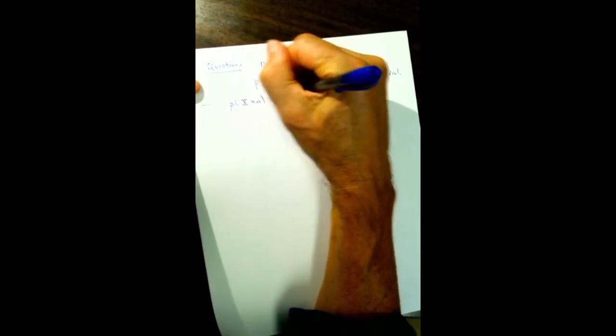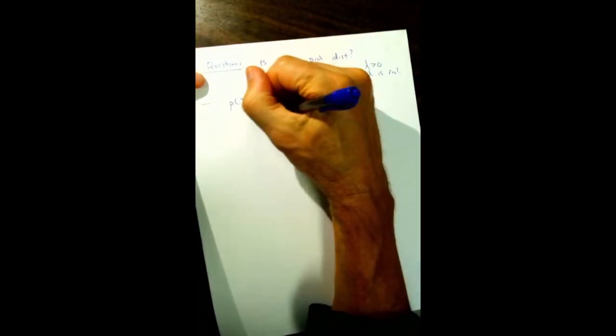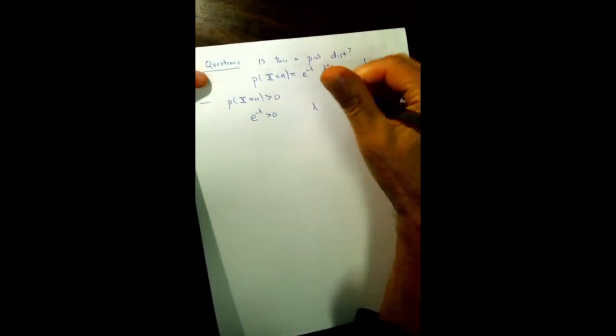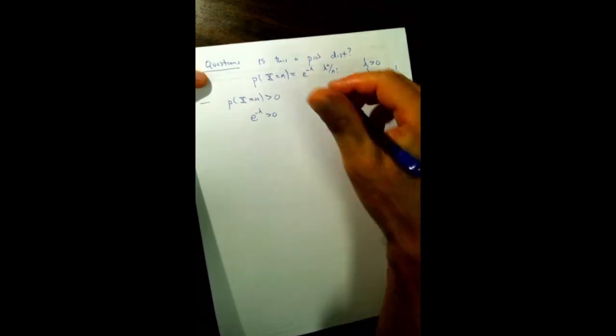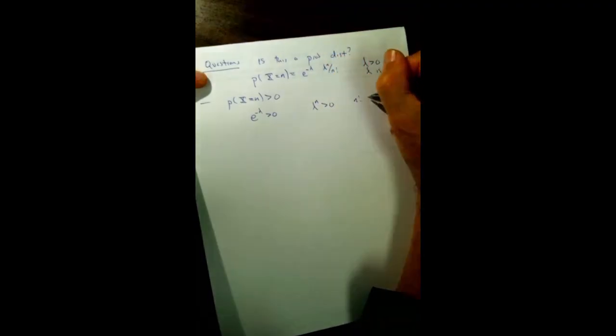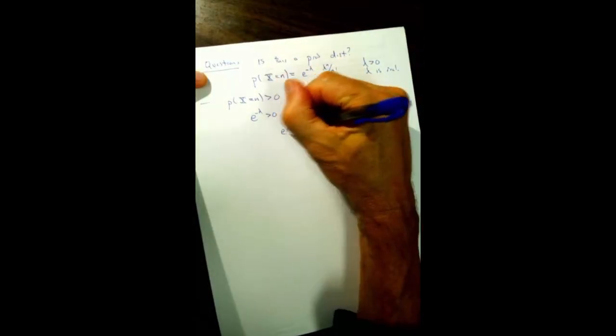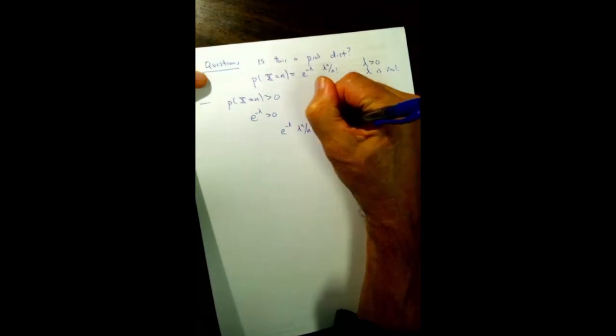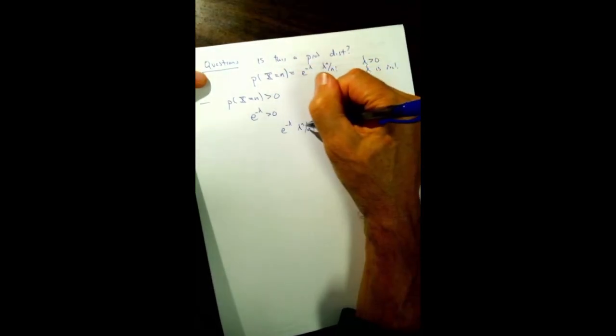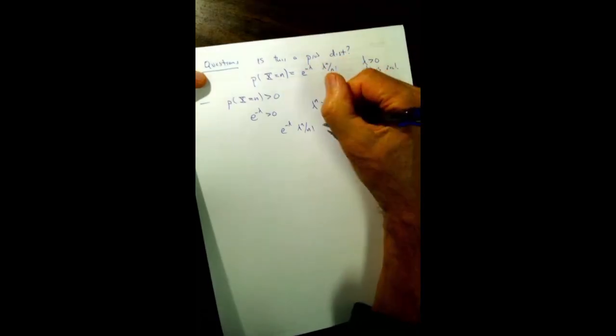We need to check that this is a number greater than 0. Since lambda is positive, e to the minus lambda has got to be greater than 0, and n factorial is going to be greater than 0, because if n is 0, that's going to be 1. So the product of two positive numbers divided by a positive number has to be positive, so that's good.